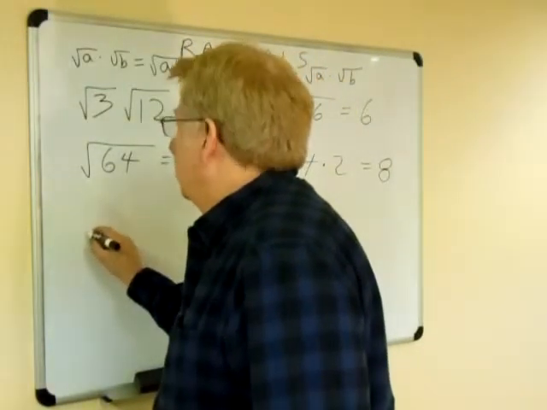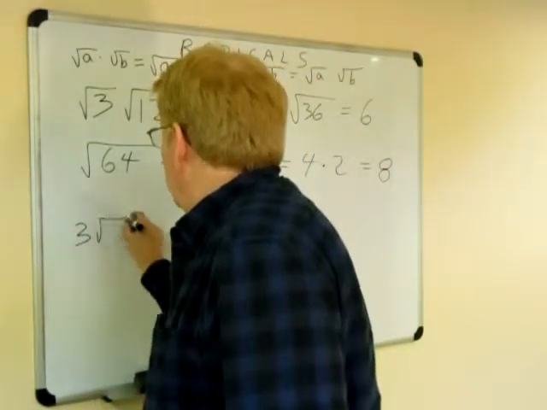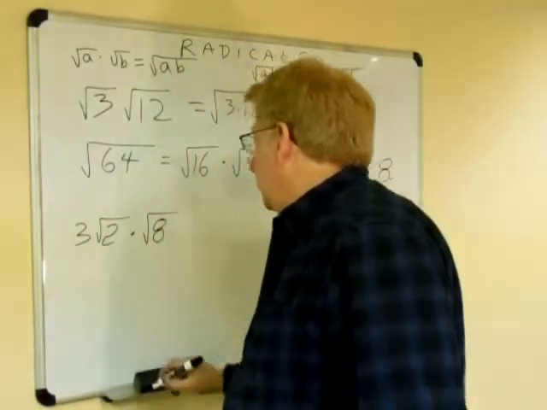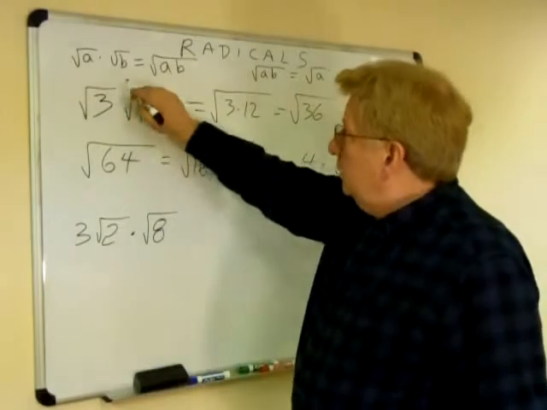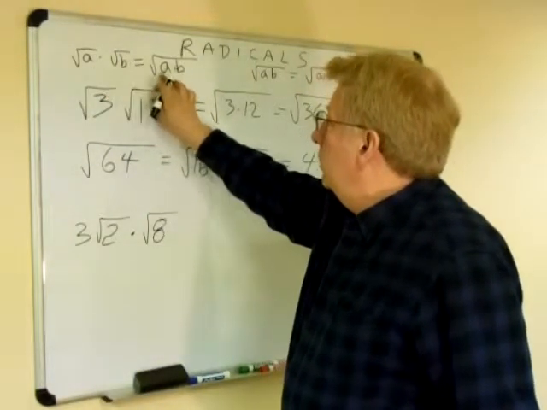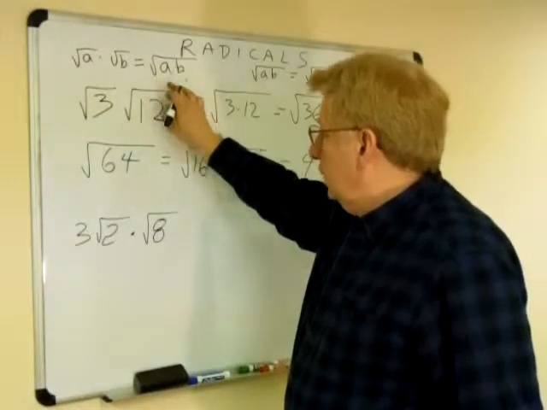Let's take another one. If we had 3 times the square root of 2 times the square root of 8. We said that if we have a square root of one number times a square root of another, we can put them both under the same square root sign.